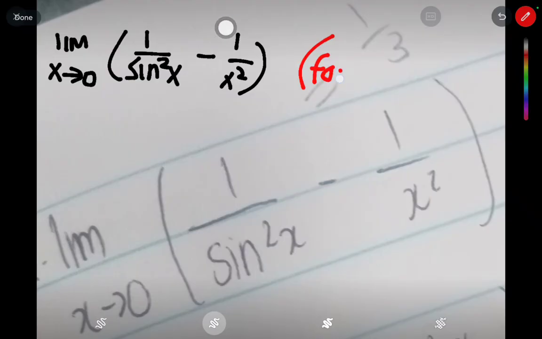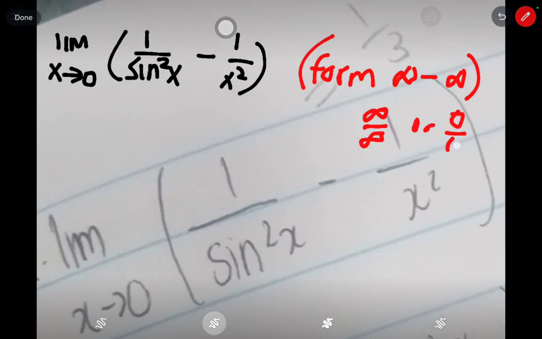The form of this question is, if I direct substitute here, I'm getting infinity minus infinity. The moment you get a form like this, remember here you're only supposed to get two forms, this one or this one. That's when you can apply a L'Hopital rule. But the moment you get a different form, you should start by simplifying that question. So the moment you get a form like this, I must start by simplifying this.